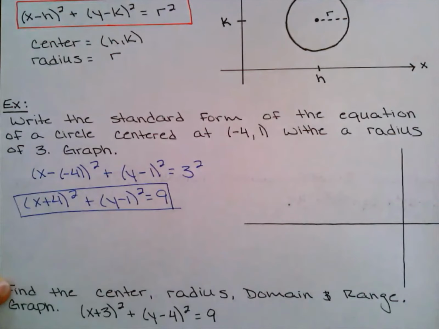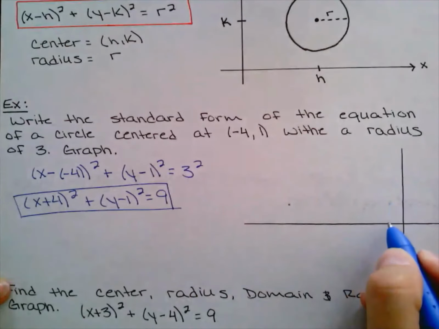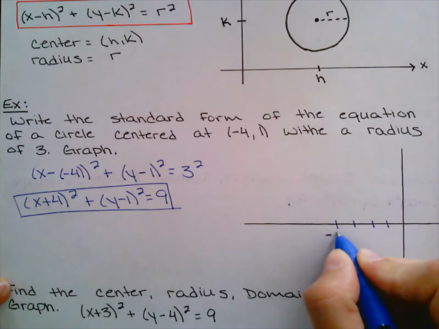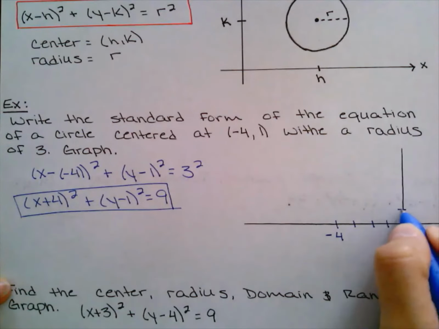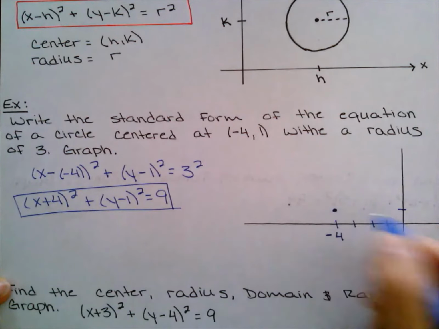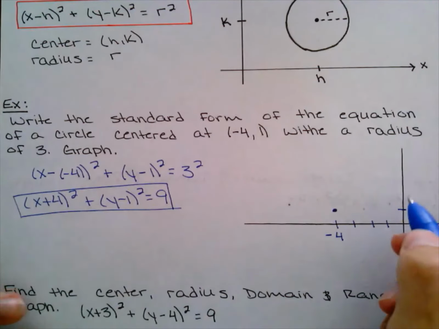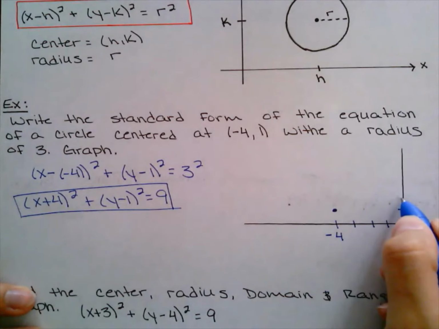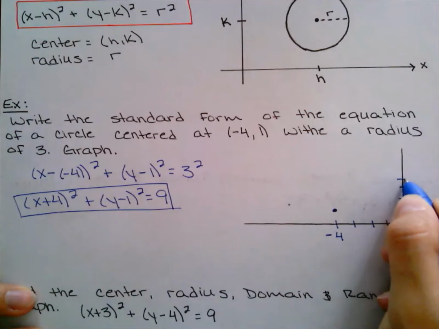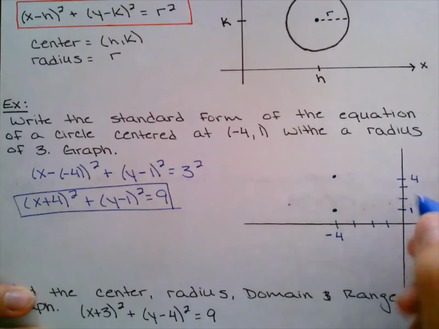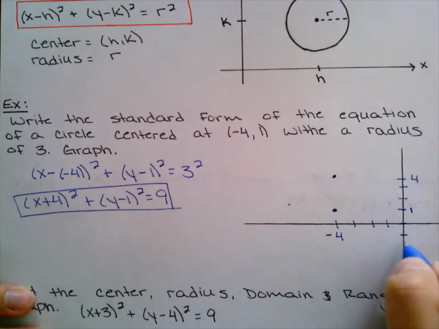Now if I want to graph this, my center goes 4 to the left, 1, 2, 3, 4, and 1 up. That's my center. Now if my radius is 3, that means I'm going to travel 3 in each direction. I'm going to go 3 up, 1, 2, 3. That would land me at 4. I'm going to go 3 down, 1, 2, 3.